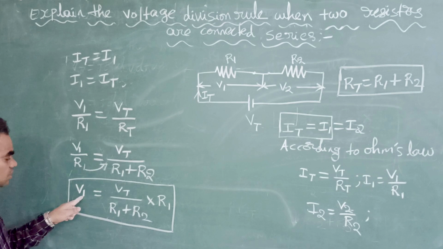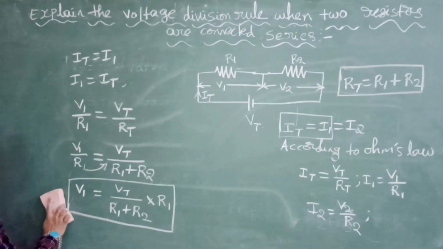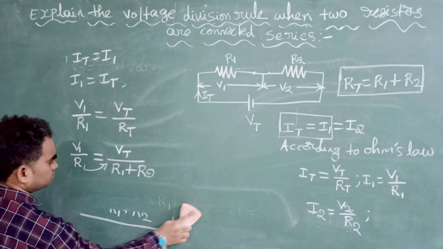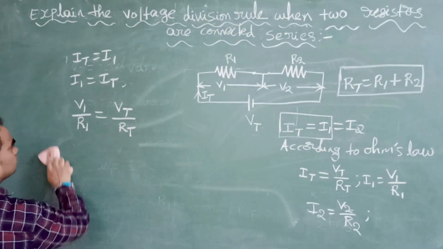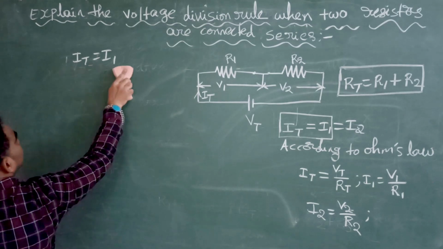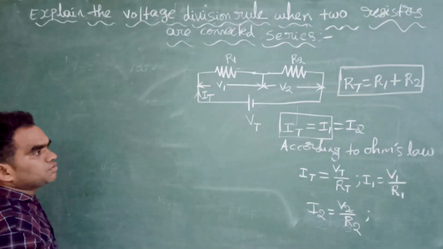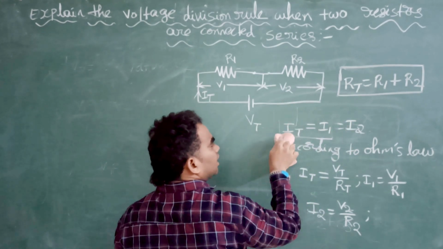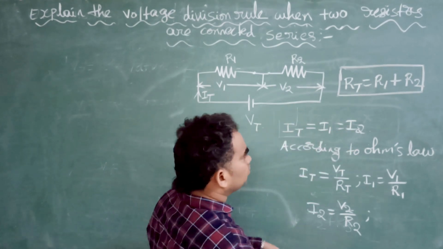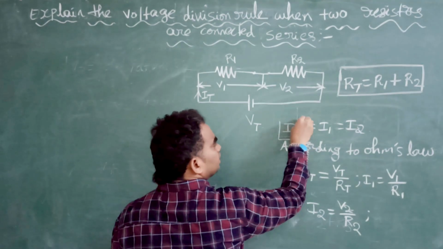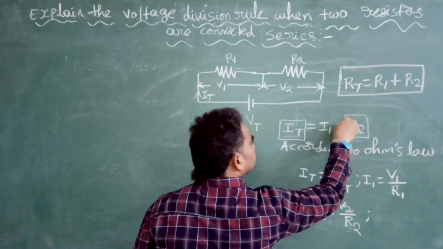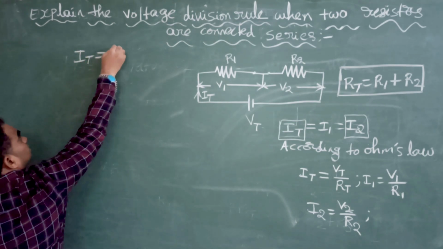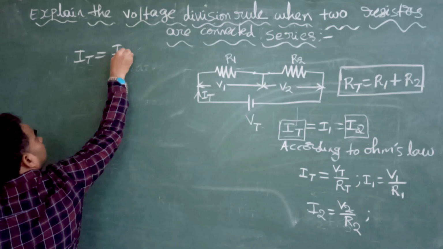Similarly, we find out the V2 value. To find V2, we are taking the It and I2 values. We can write It is equal to I2.